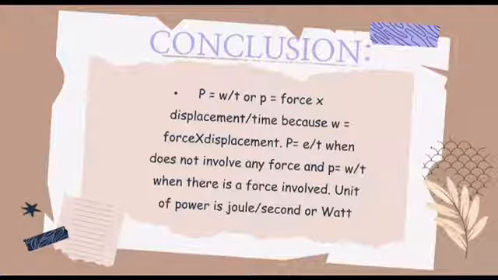Besides that, power can also be calculated using P equal to E over T, where E is the energy transfer and does not involve any force, while P equal to W over T is used when there is a force involved. So the unit of power is joule over second or watt.